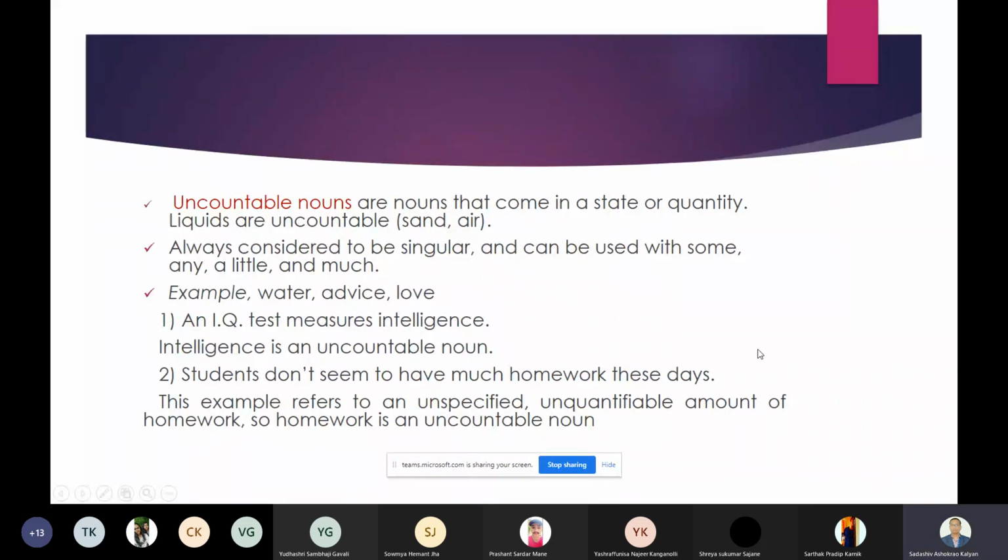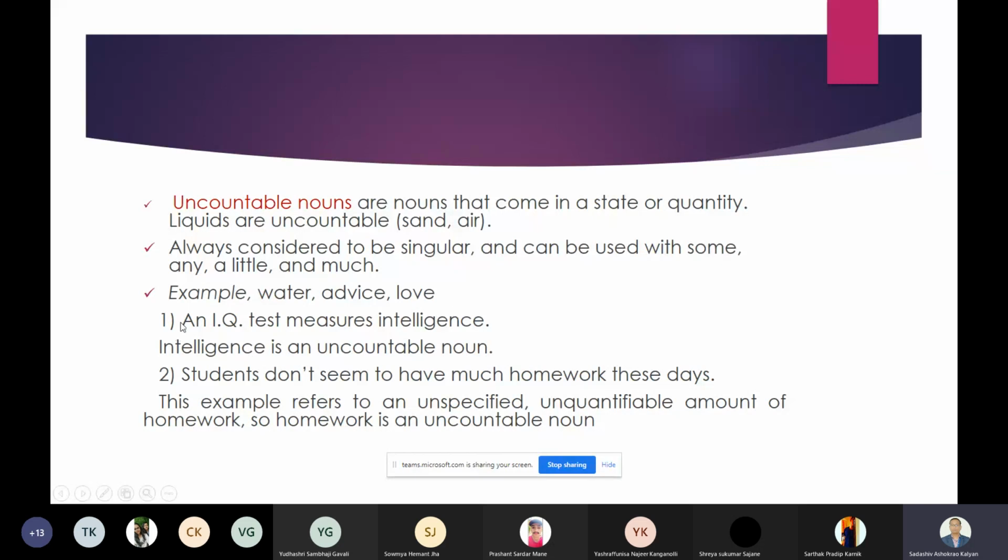Uncountable nouns are always considered singular whenever we use them with words like a little, much, any, some. One example: water, advice, love. We cannot count the advice. We cannot count the love. How much love you have for me. So these are the uncountable nouns.